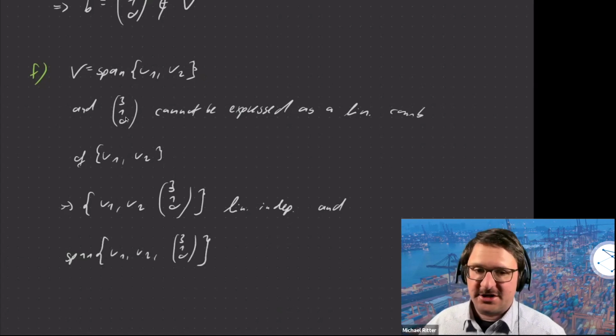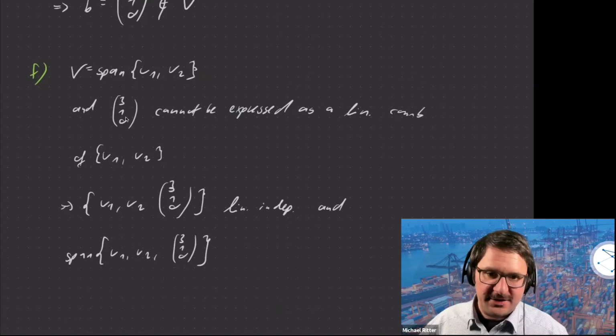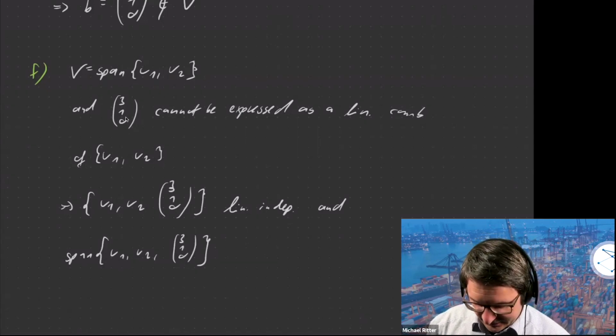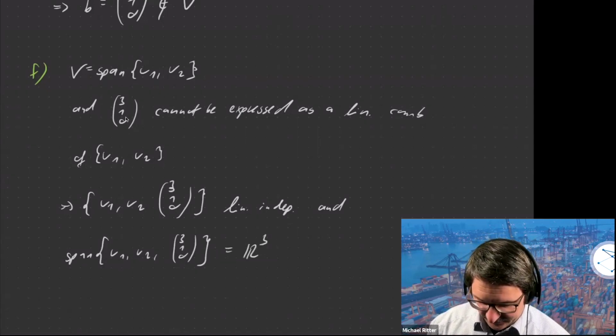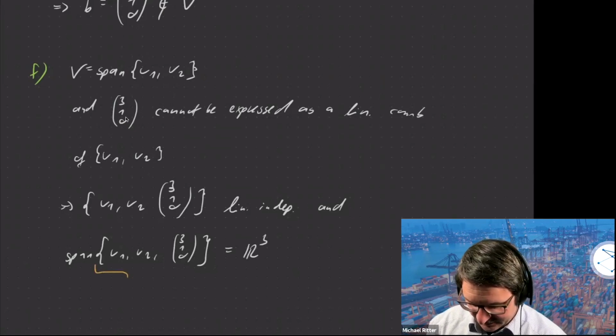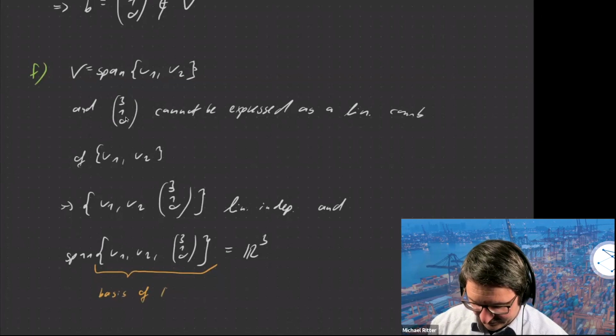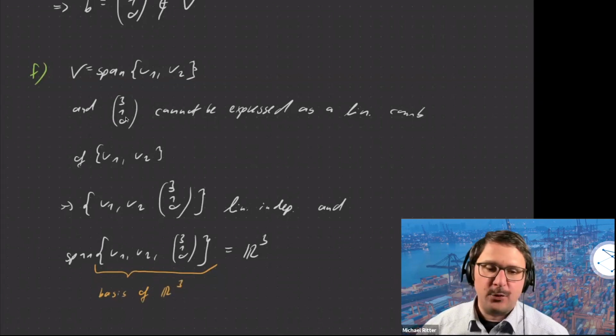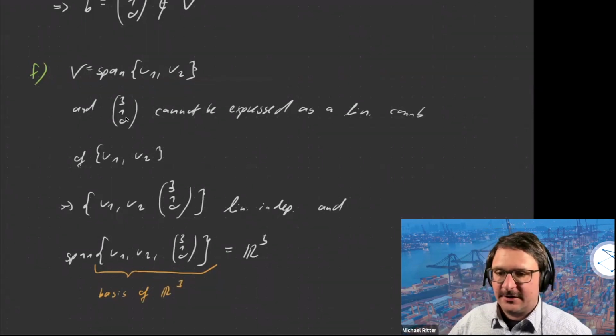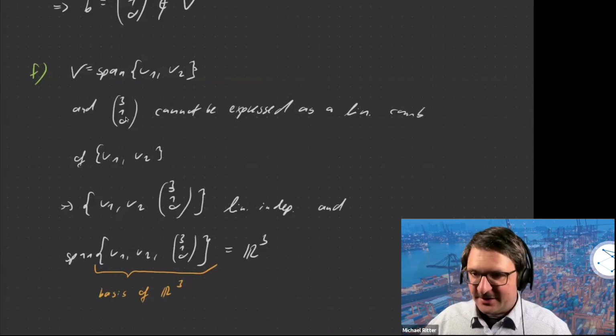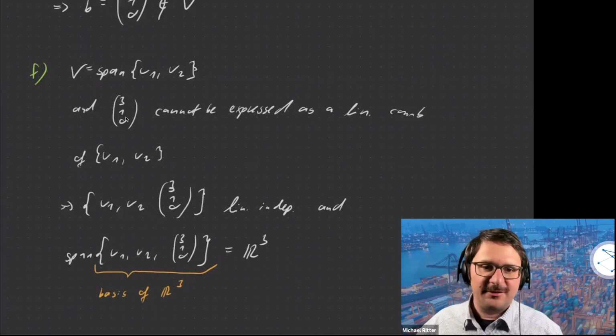Any 3-dimensional subspace of R3 needs to be R3 necessarily. It can't be smaller than that. So this set is a basis of R3, and it contains V1 and V2. That completes exercise 3.2.